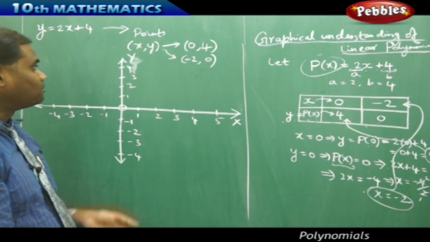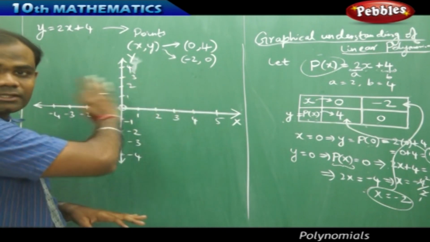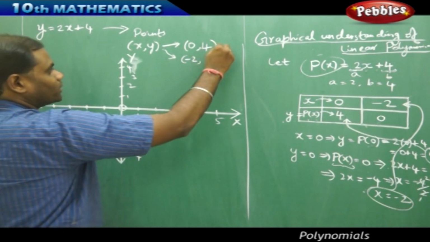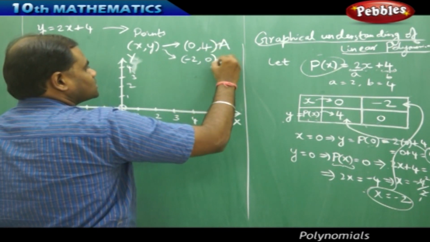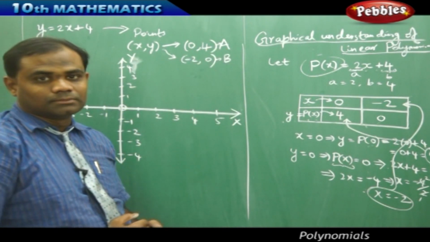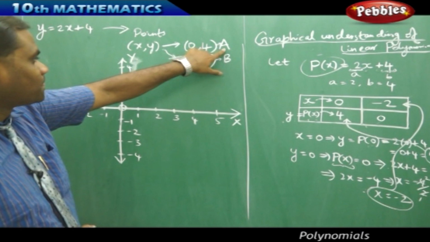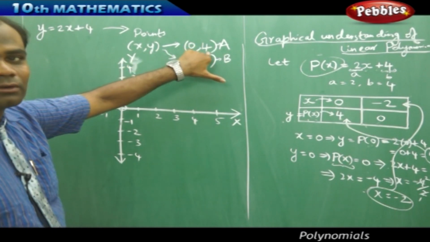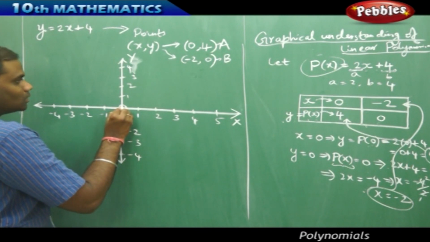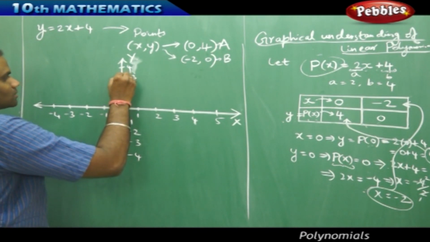And let's see how the shape of the linear polynomial is in this xy coordinate system. In order to draw, first I take this point as A and this as point B and just plot them on the real xy coordinate system. So starting with point A, the point A clearly is 0, 4. Therefore, this point would definitely be starting from 0, x is 0 and y jumps to 4.